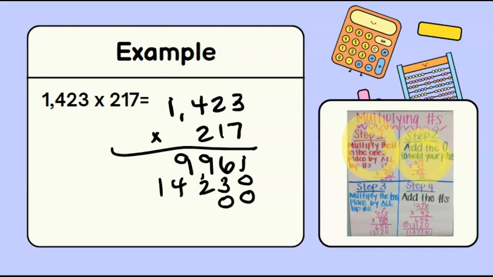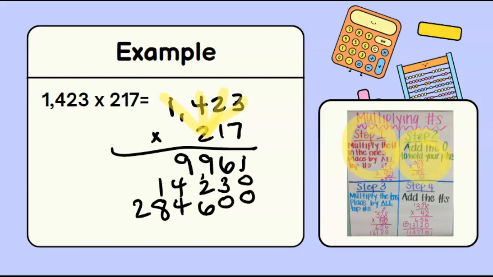So now I take my 2 and I'm going to that hundred spot and multiply it out times all the top numbers. So 2 times 3 is 6. 2 times 2 is 4. 2 times 4 is 8. And 2 times 1 is 2.